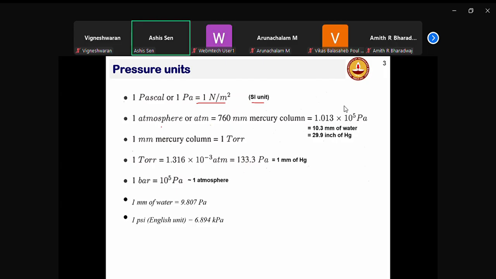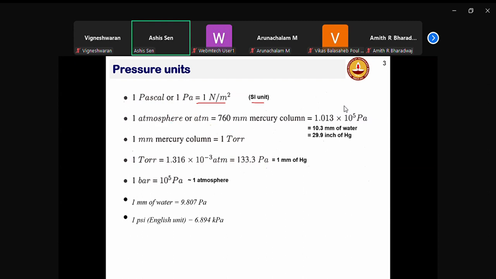Sometimes we talk about atmospheric pressure, right? My pressure is 2 atmospheric, 3 atmospheric, 10 atmospheric. What does it really mean? 1 atmospheric pressure corresponds to 760 millimeter of mercury column, right? So that means density of the mercury times 0.76 into g, which is acceleration due to gravity, gives you 1 atmospheric pressure.